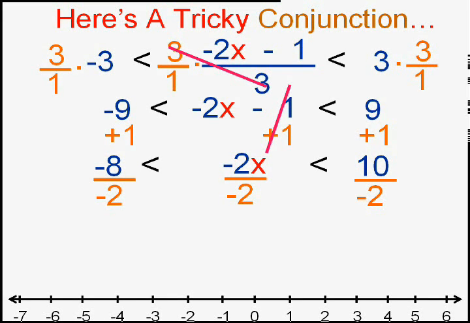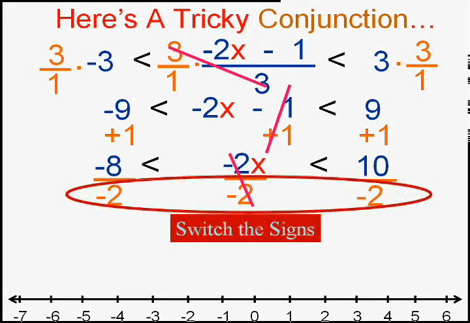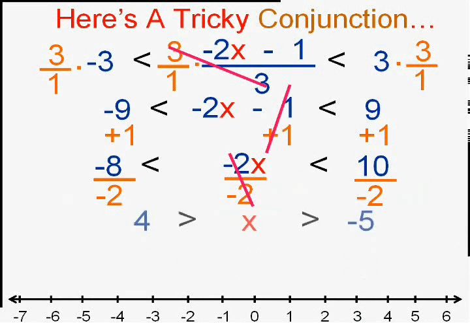Divide by -2, because that's who's multiplying the x. Well, when I divide by a negative number, what do I have to do? Does everybody know what time it is? It's time to flip the signs when I divide by a negative number. There was no escaping it. And if I do that, I get x is smaller than 4 and greater than -5.